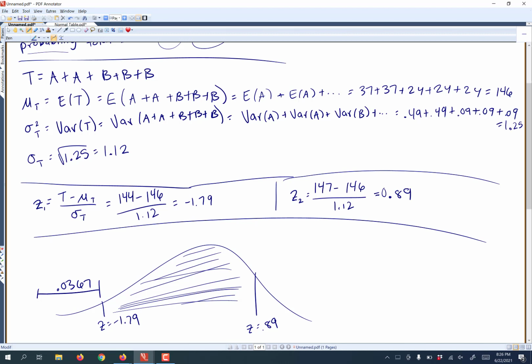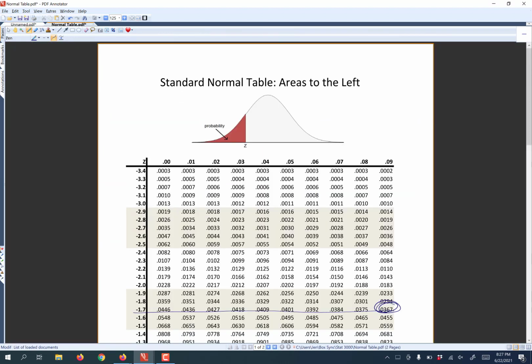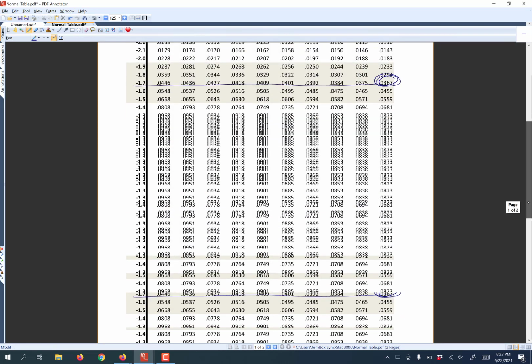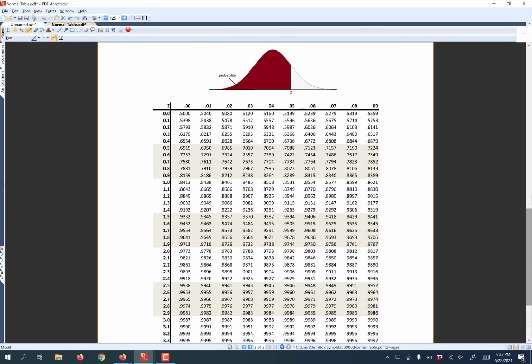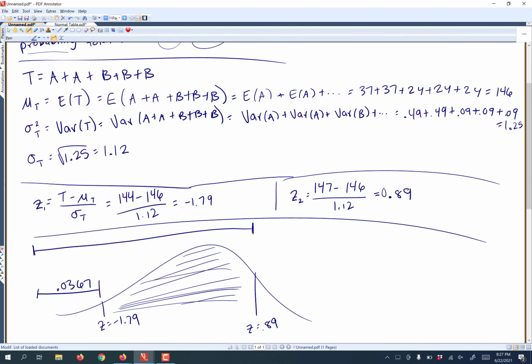Remember that your table always gives you areas to the left, which makes it kind of complicated for this problem. So let's look at 0.89 and go all the way to the left. We'll have to go to the next page. We're looking for 0.89. Looks like my area all the way left is 0.8133.